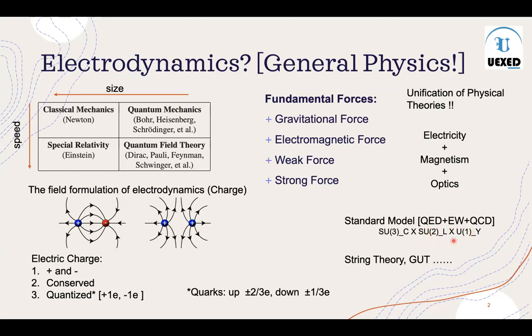Once we unify QED with the weak force into the electroweak force, it should be represented by a new charge called hypercharge, which is called Y here. Y is a combination of the quantized representation of the SU2 group, which is the T3 of isospin, the third component of the isospin for this group, and the charge.